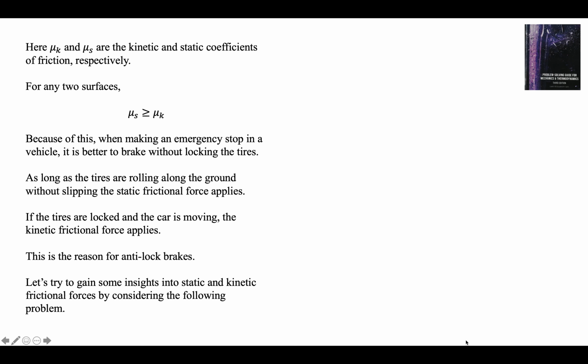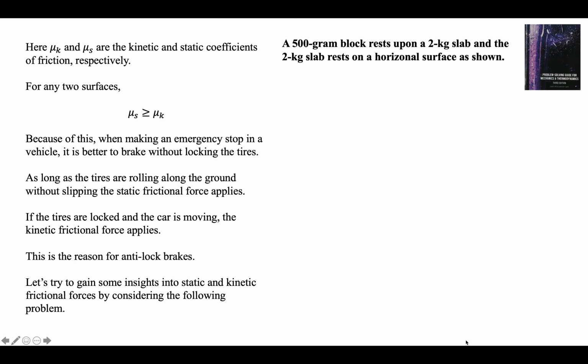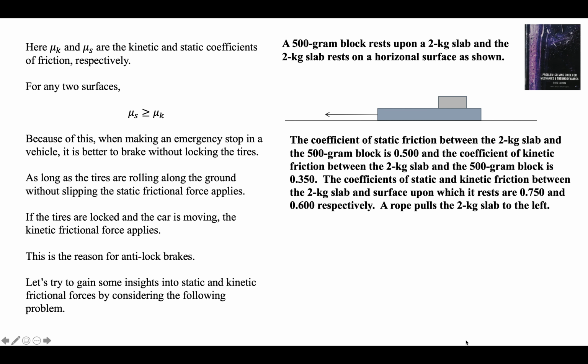So let's try to gain some insights into static and kinetic friction by considering the following very challenging problem. A 5-kilogram block rests upon a 2-kilogram slab, and the 2-kilogram slab rests upon a horizontal surface. There they are. Blocks on top of a slab, slab on top of a surface.